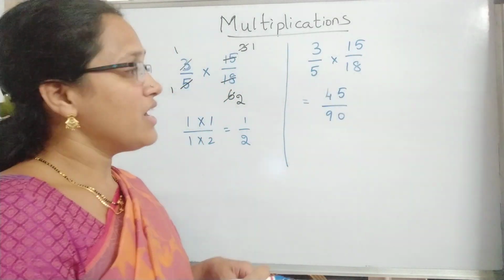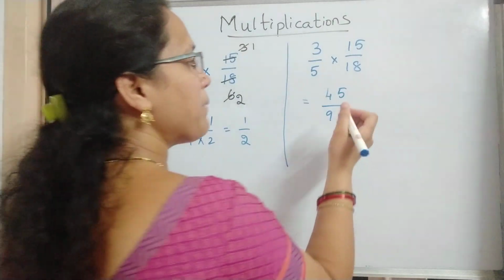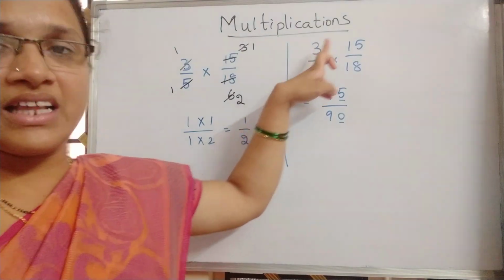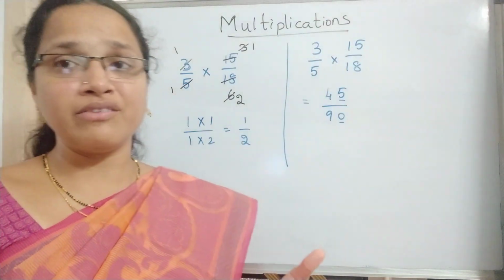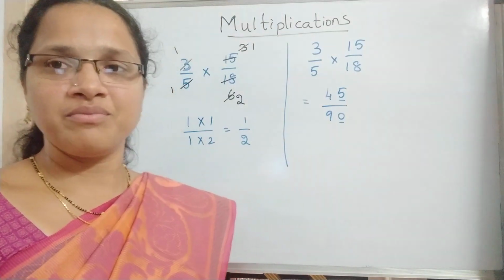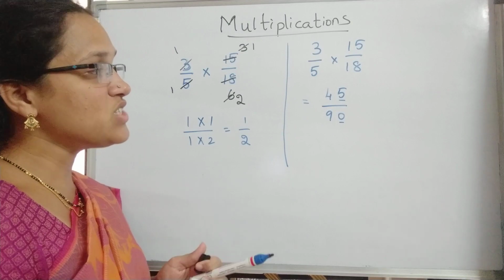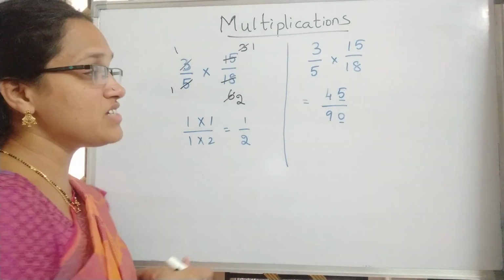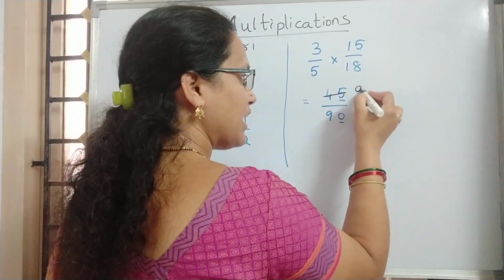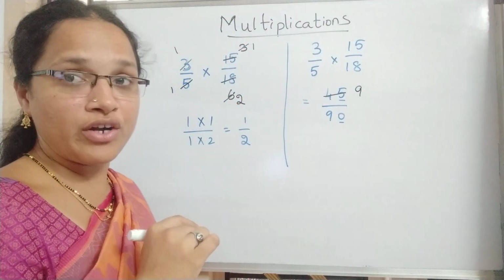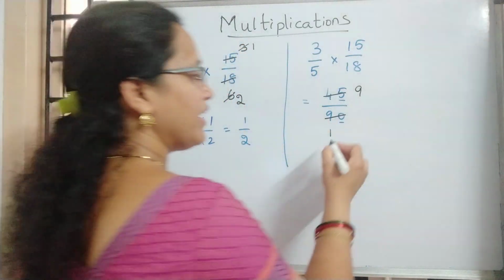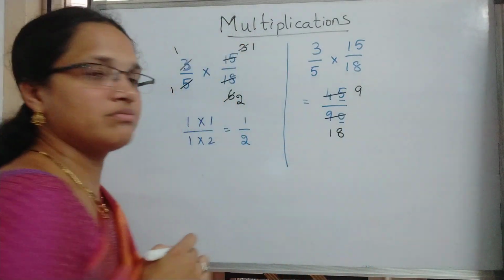Yes or no? Yes. Now if a number is ending with 5 and the other is ending with 0, if they are separate like the numerators and denominators, you may get confused. But if it is under one single fraction, you can cancel them very easily. As the numbers end with 0 and 5, both are divisible by 5. So 5 nines are 45, and 5 eighteens are 90.